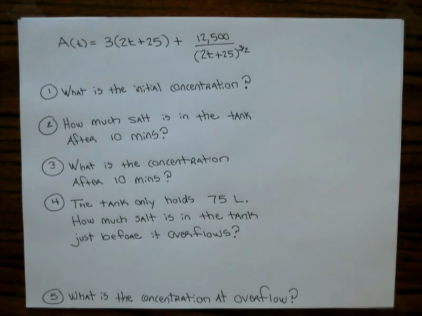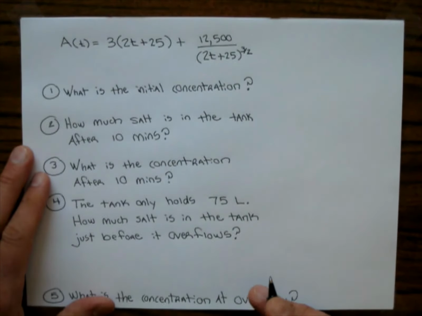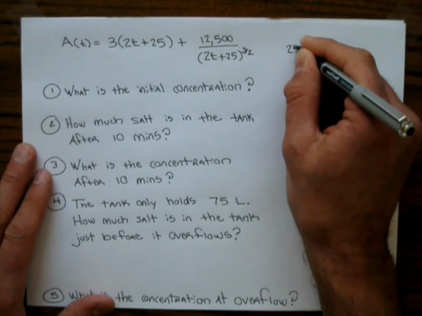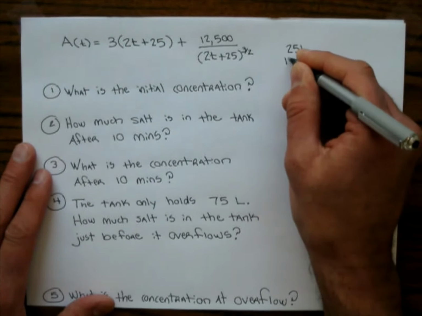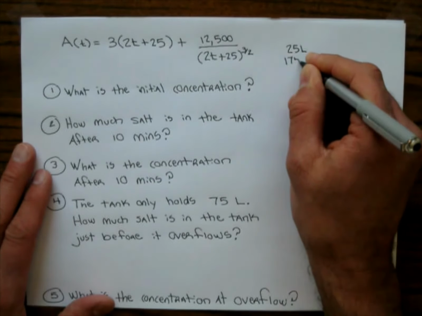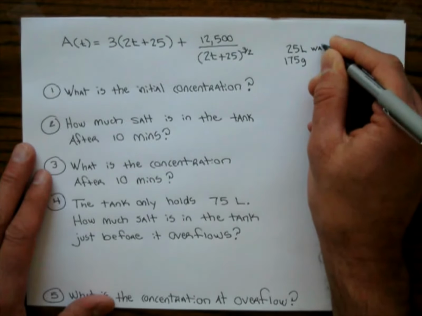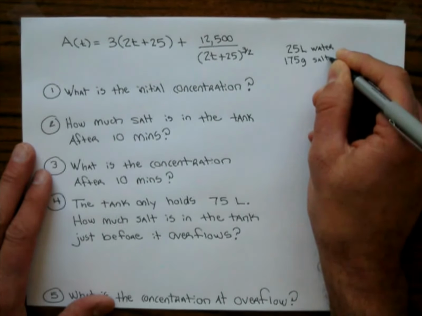What we're going to do is, you could say, well, initially there was 25 liters of water in the tank and 175 grams of salt. Okay, so this is water, or we could put brine, and then this salt is in there.